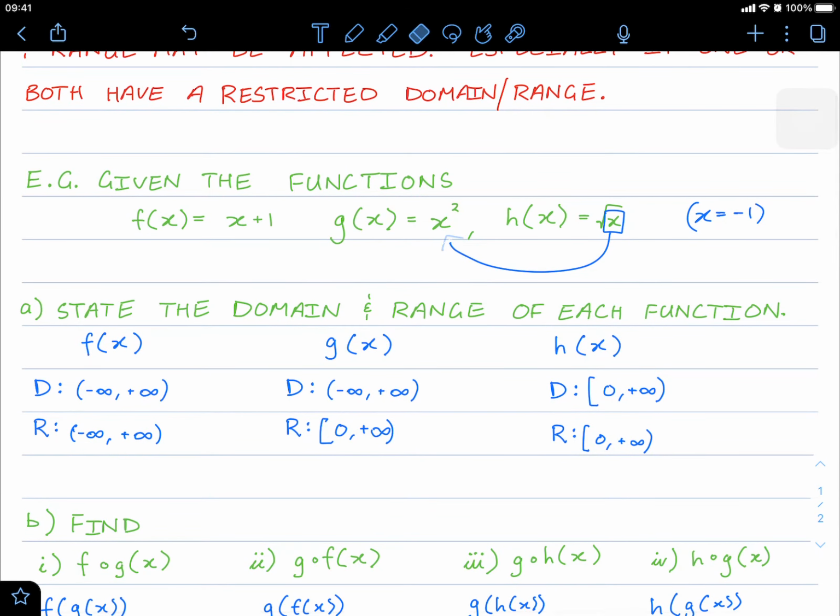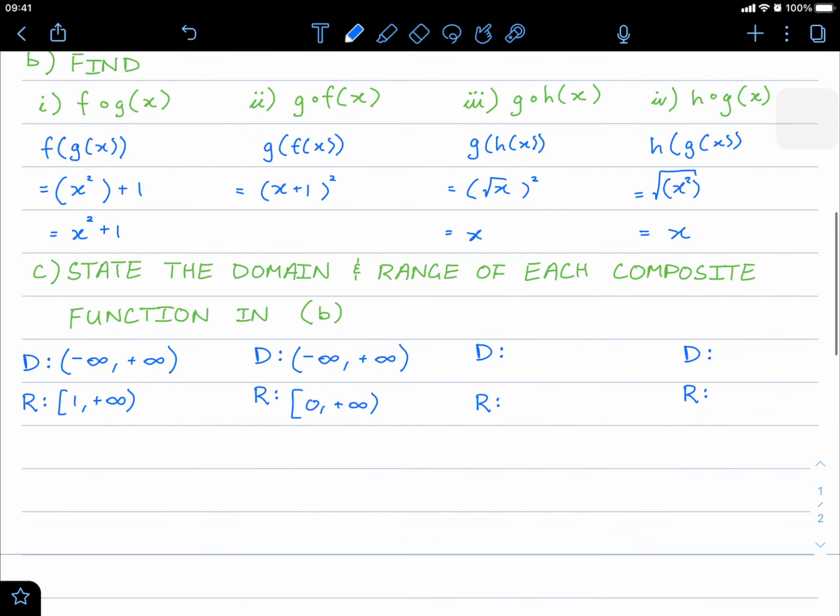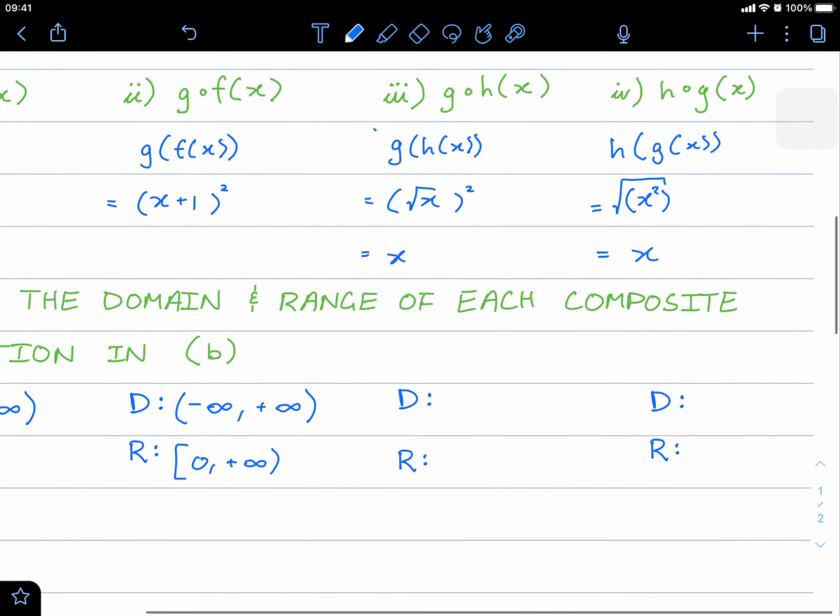Well, as you can see from here, h of x has a restricted domain from 0 to infinity. Since we have that, the domain of this function, since it starts with h, is also from 0 to infinity.